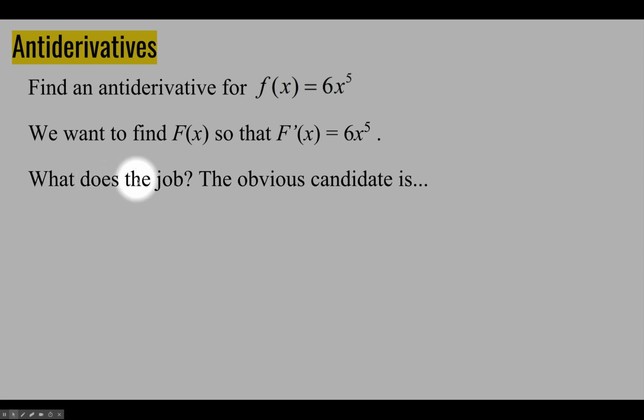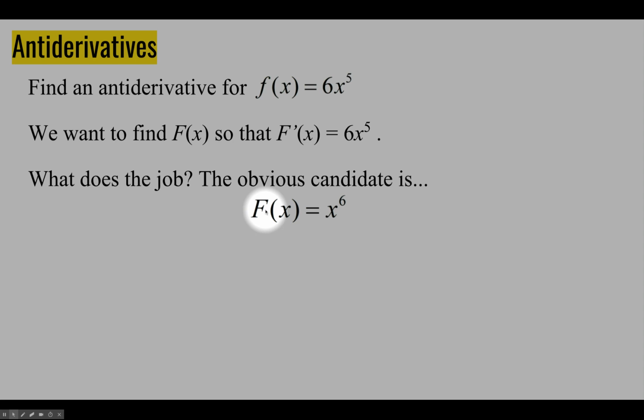So what does the job? One obvious candidate is just x to the 6th. Let's think about this. Remember, the derivative of this capital F has to be equal to little f. And because we know with the power rule, when we take a derivative, we reduce the power by 1, then going backwards to find the antiderivative, the opposite of the derivative, it would make sense that we're going to increase the power by 1, which is why I chose this.